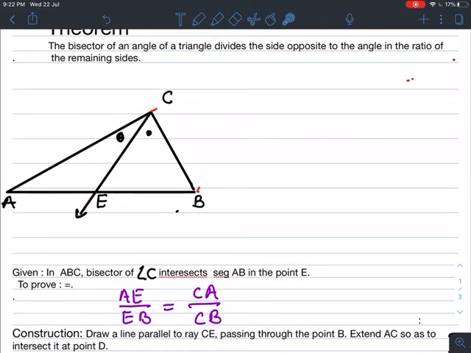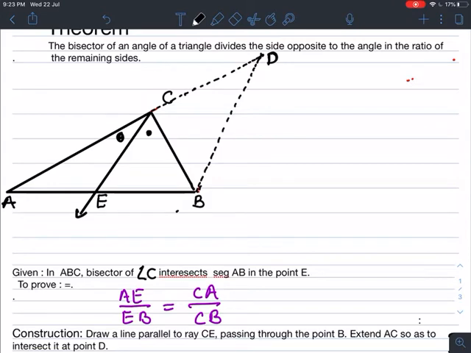Draw a line parallel to CE passing through point B. So I will draw a line through B parallel to EC in this way. Extend AC in a straight line so that it intersects it at point D. This construction part is important.